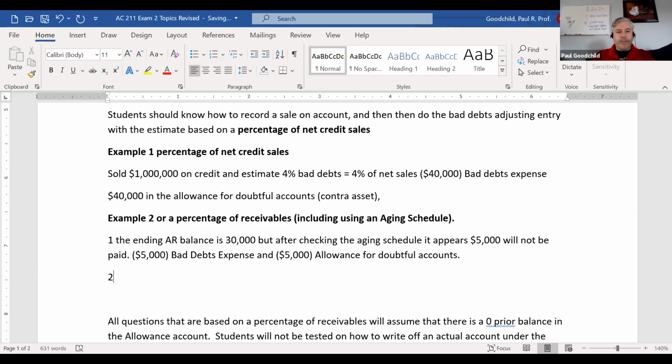The other part would be, so sometimes they make estimates and say, okay, so same thing here. Same amount. 2%.